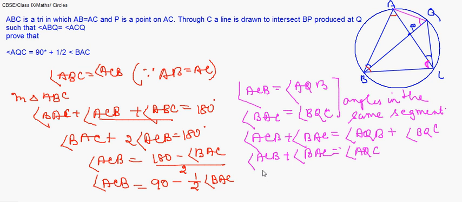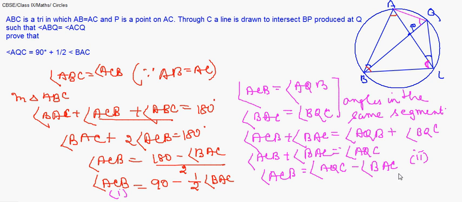So angle ACB is equal to AQC minus angle BAC. We have got this to be, suppose, our first equation and this to be the second one. So we can now equate 90 minus half BAC with AQC minus BAC.